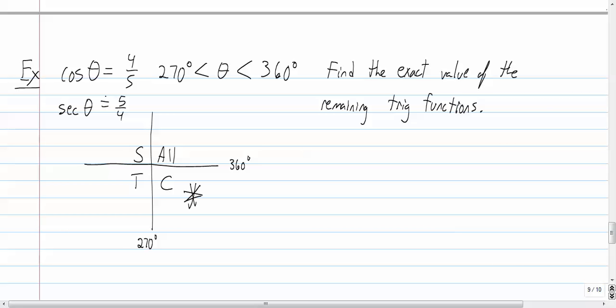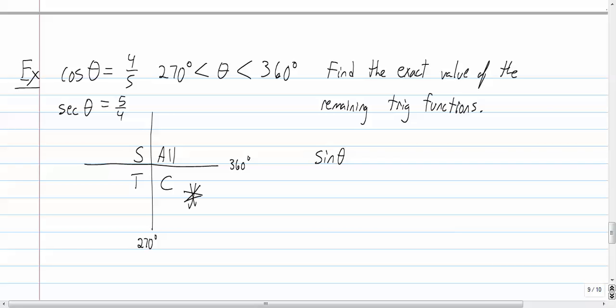So we have one of the trig functions just like that. Alright, now let's solve for sine of theta. Remember, we know that sine is going to be negative, so whatever identities or method we use, our answer needs to be negative. I would suggest using x, y, and r, just because a lot of times that's the fastest way.